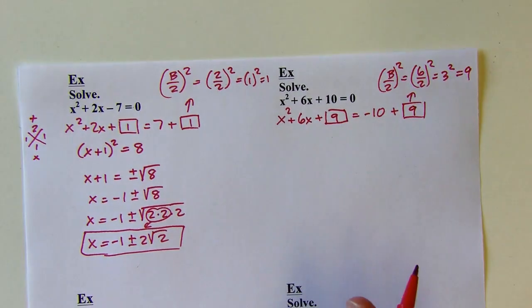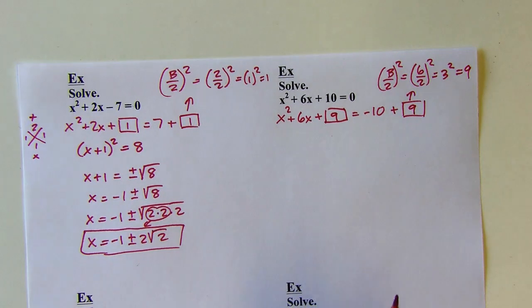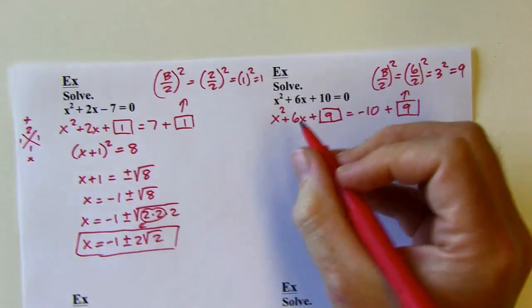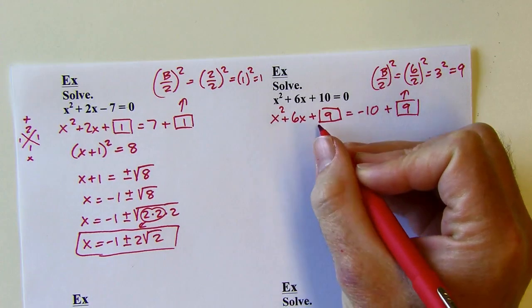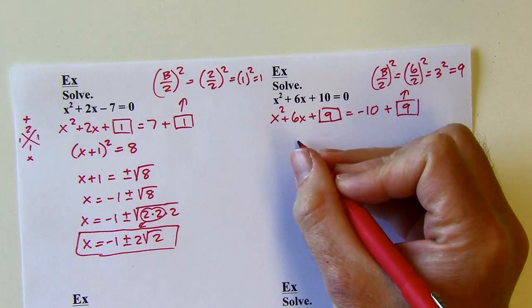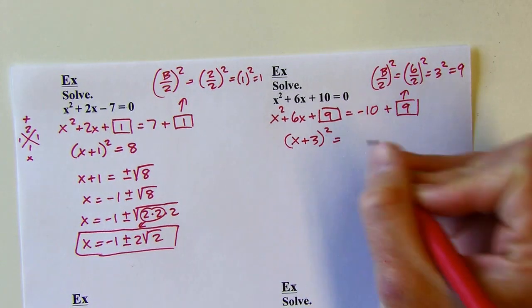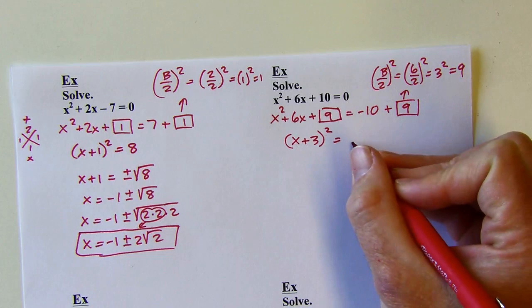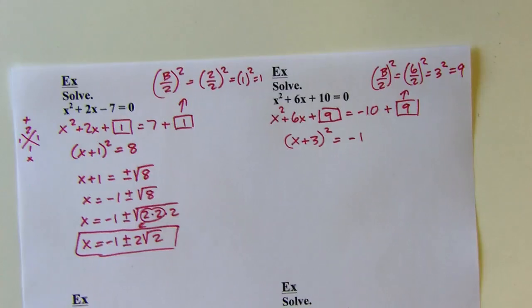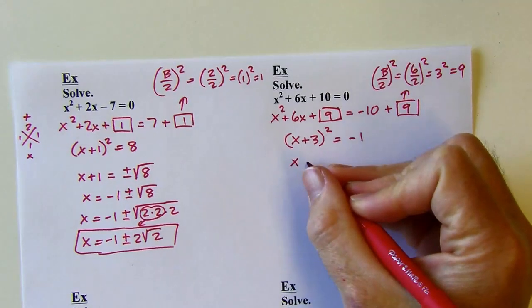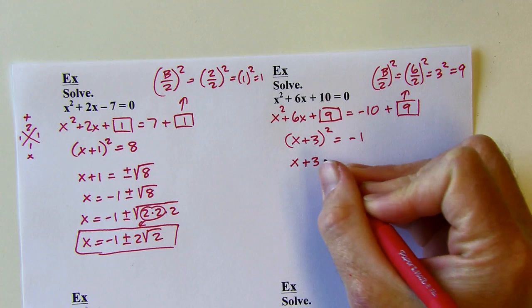And then I'm going to factor over here. This is going to be x plus 3 times x plus 3, also known as x plus 3 squared. And then negative 10 plus 9 is negative 1. All right, let's take the square root of both sides.